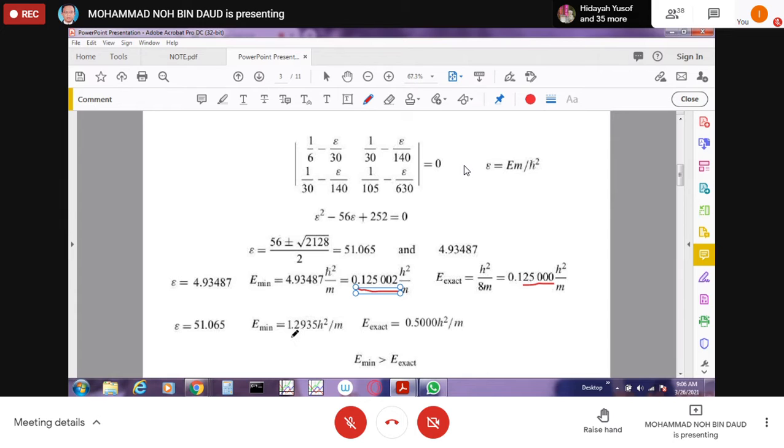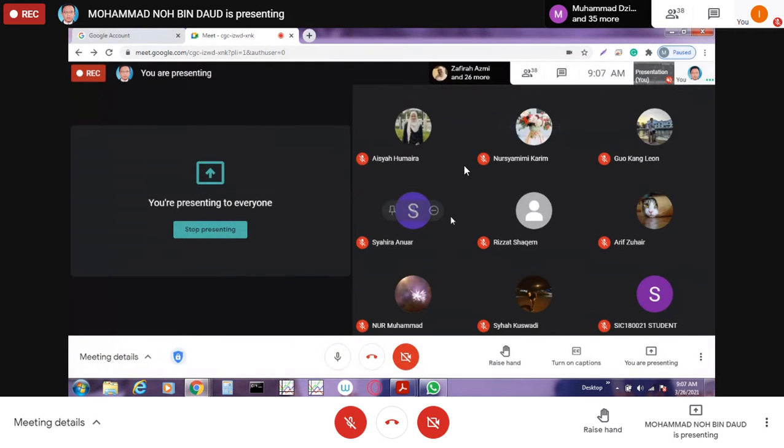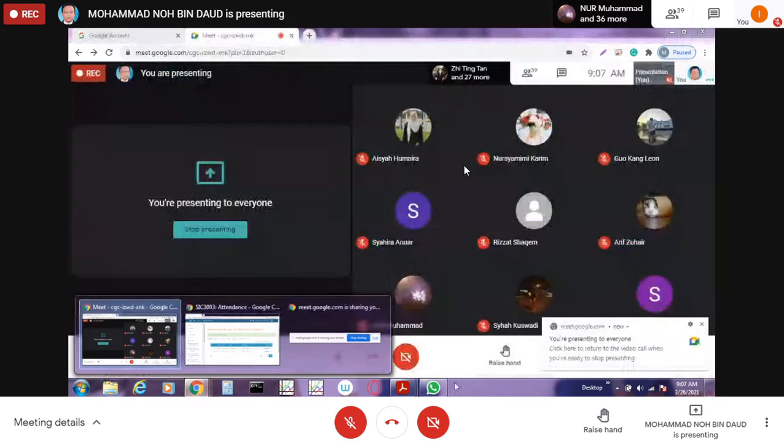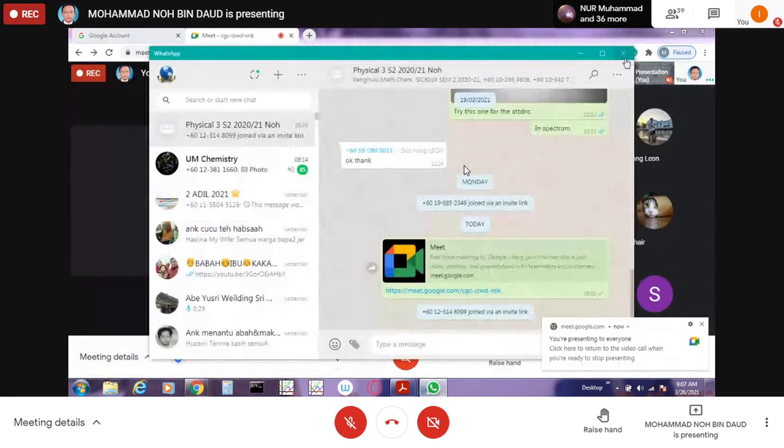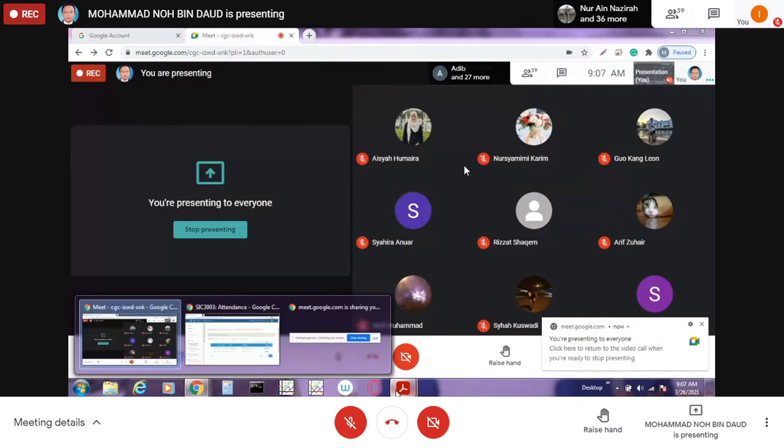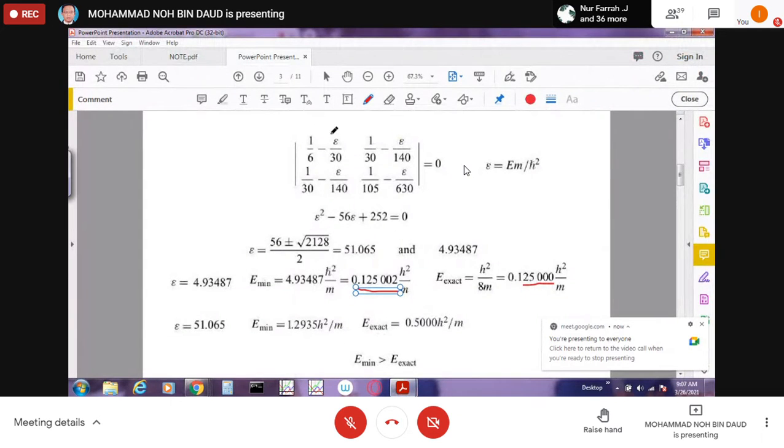We also have here, solving this secular determinant, the energy for the second lowest state and the exact energy for the second lowest state.